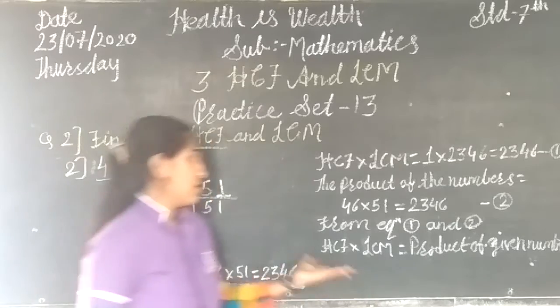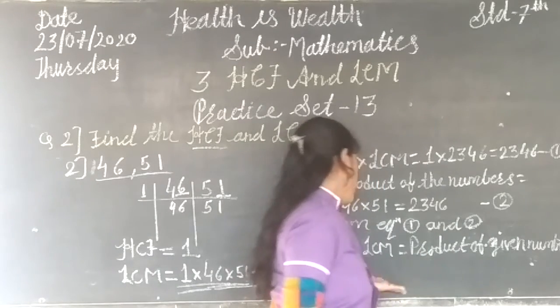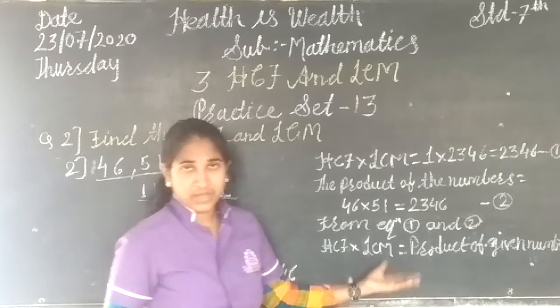Okay, like that we have to write. Here also we can write down the product of the given numbers, and now both our answers are the same. That means the verification is done.